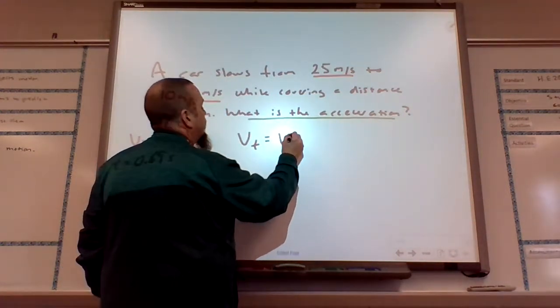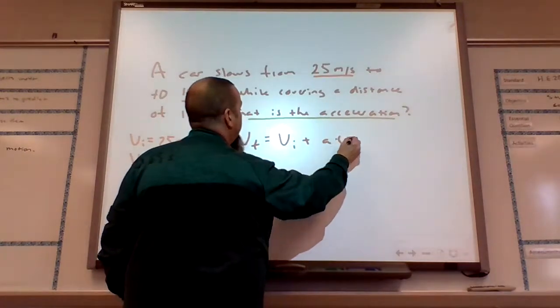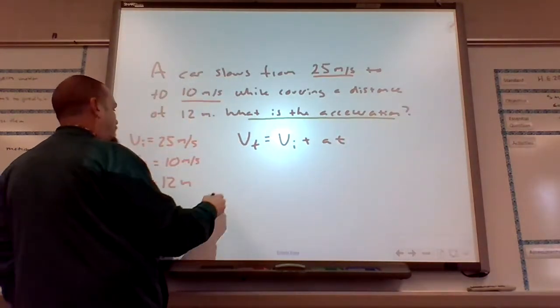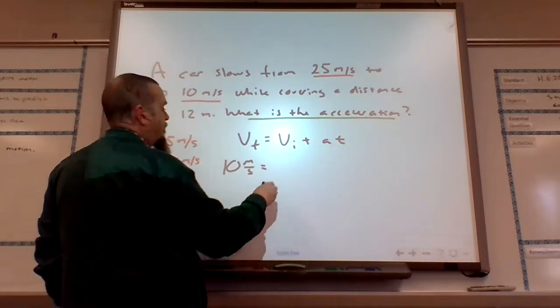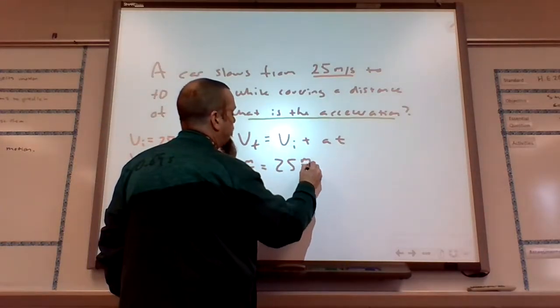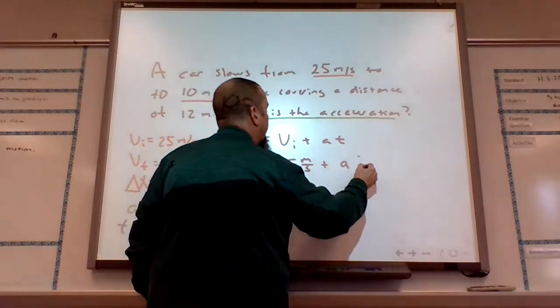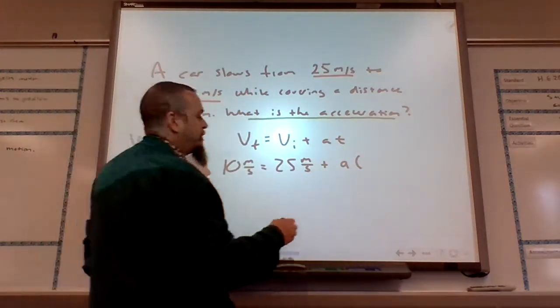VF equals VI plus AT. VF is 10. VI is 25. A is what I'm trying to find. And the time is 0.69 seconds.